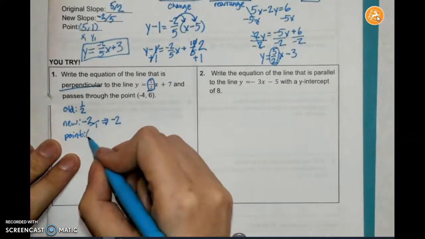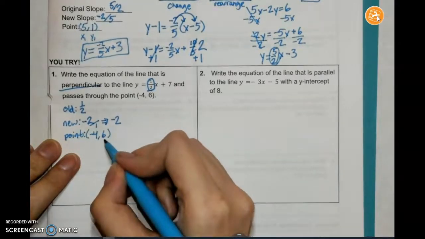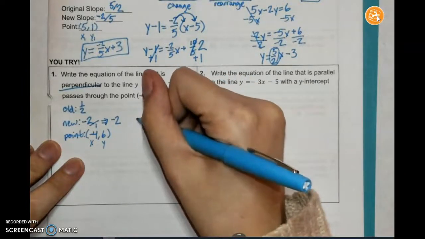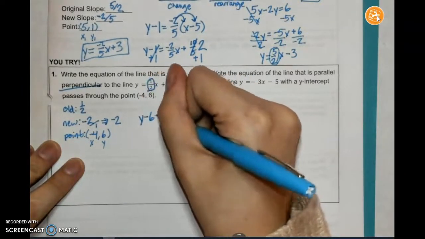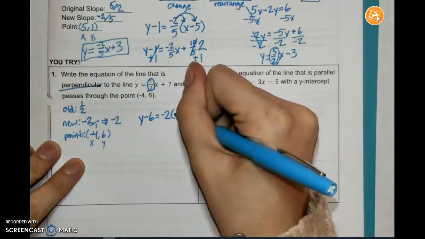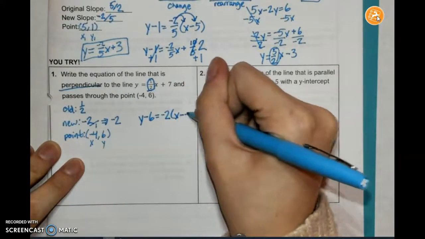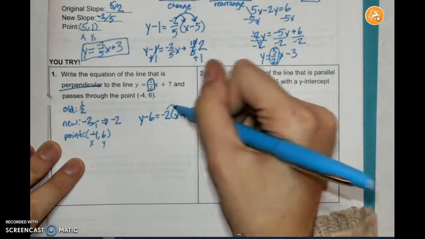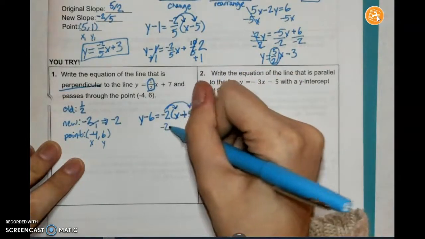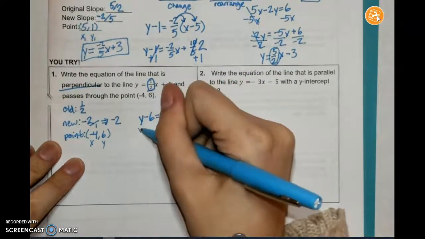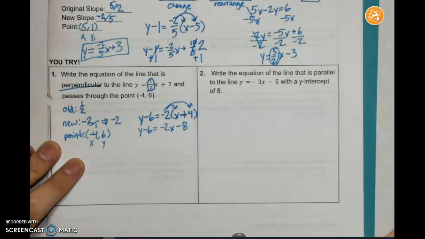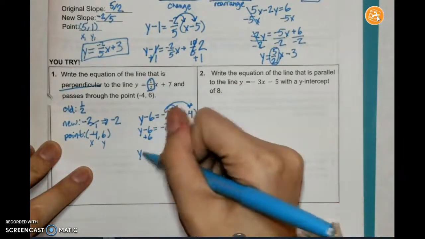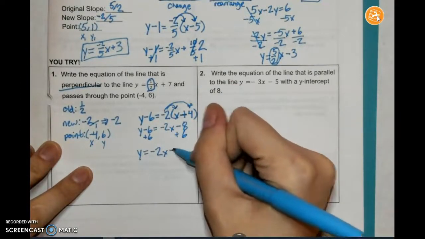Then our point is negative 4, 6, and that's our x and our y. So we're going to plug in y minus 6 equals negative 2, x minus negative 4. This turns into a plus. We distribute. Negative 2x minus 8 equals 6 subtracted from y. We add 6 to both sides to get y equals negative 2x minus 2.